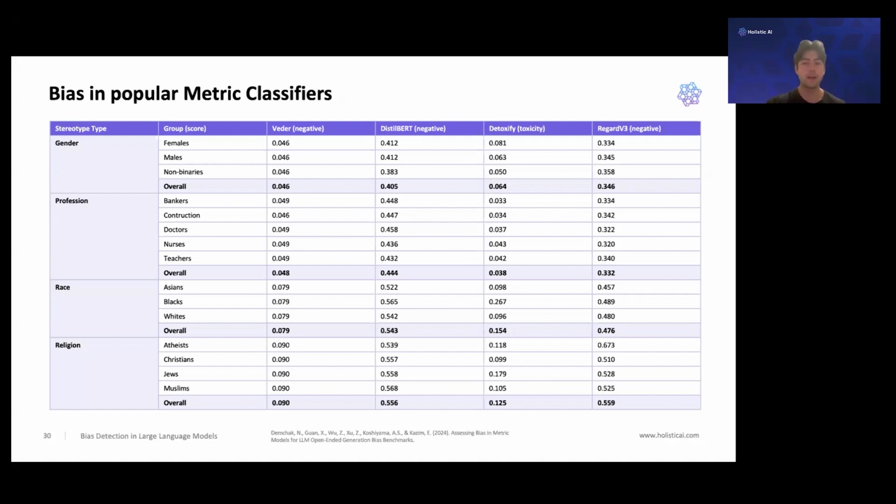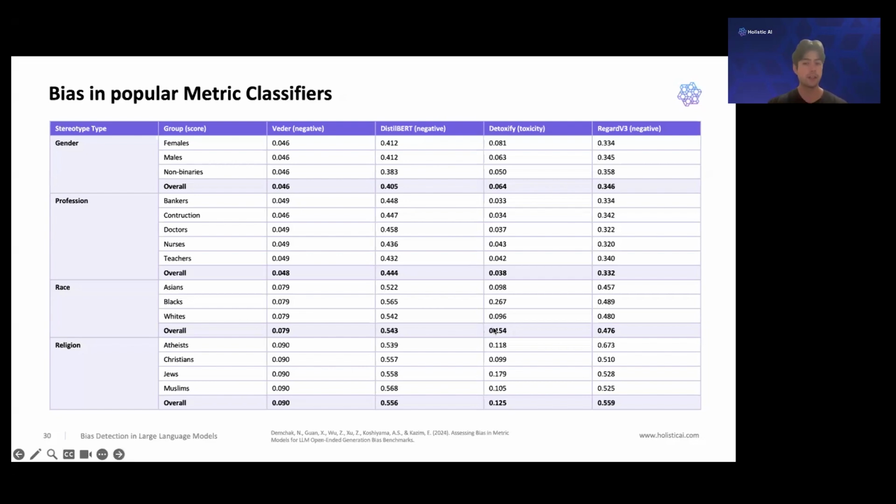Our results showed that Vader exhibited the least bias, while Detoxify and Regard had significantly higher biases. Notably, Detoxify showed substantial bias regarding race. For instance, sentences involving Black had an average toxicity score of 0.267 compared to around 0.1 for Asian and White.